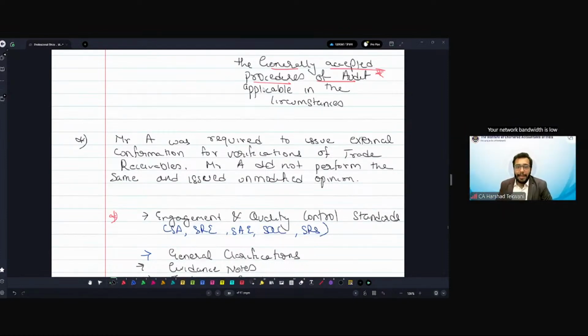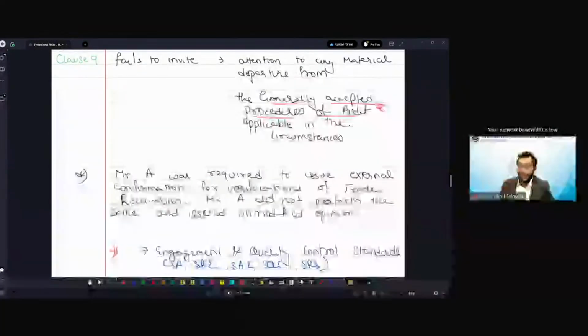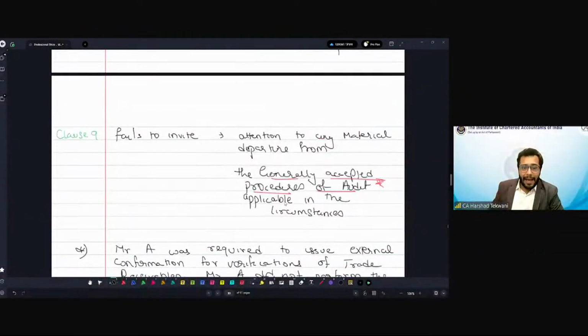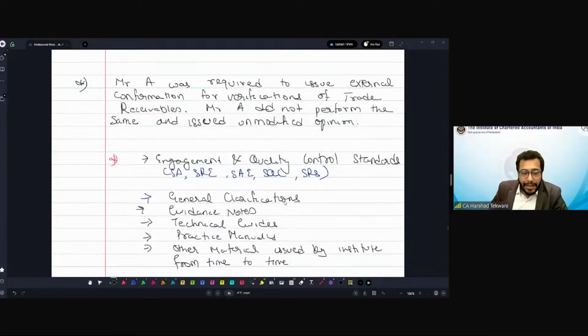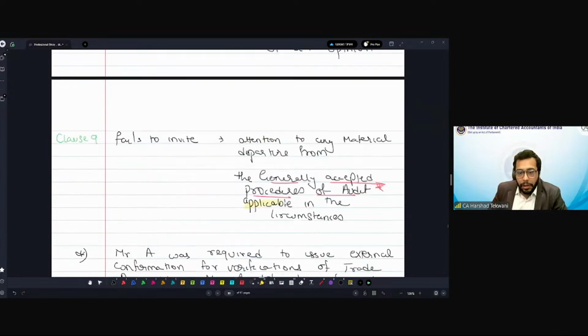Now, in certain circumstances some of these might not be applicable. Let's say if it is an audit, then SRE, SAE, SRS might not be applicable. That's why the term applicable in the circumstances is there. Whatever is applicable out of these, you have to comply with those audit procedures.